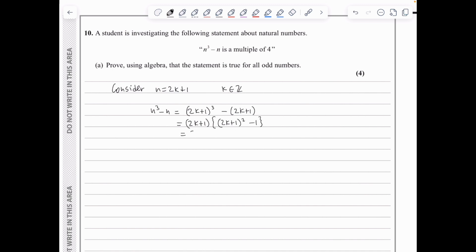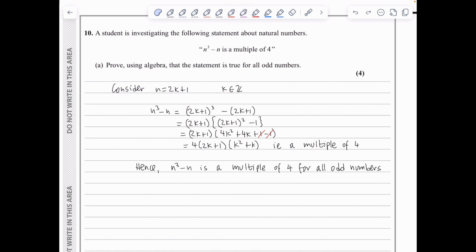I will proceed into 2k plus 1 times 4k squared plus 4k plus 1 minus 1. Now the 1 with the minus 1 will cancel out, and we can see that we can factor out a 4. So we're looking at 4 times 2k plus 1 times k squared plus k, which is obviously a multiple of 4, and therefore we conclude that n cubed minus n is a multiple of 4 for all odd numbers.